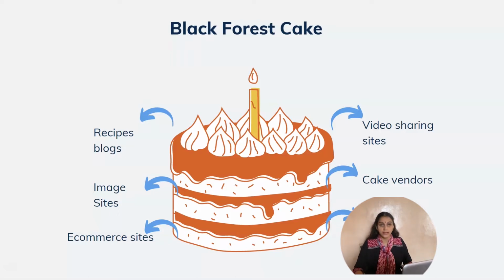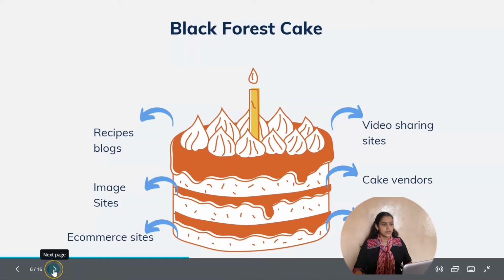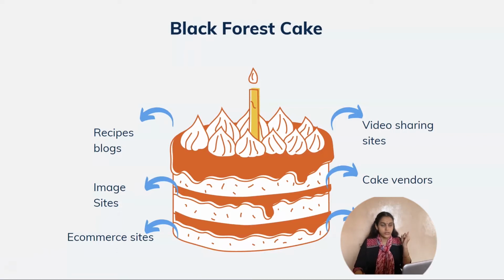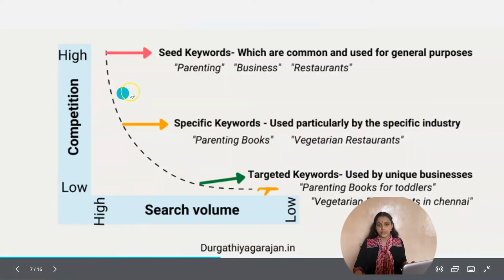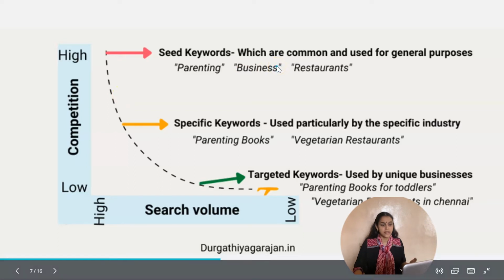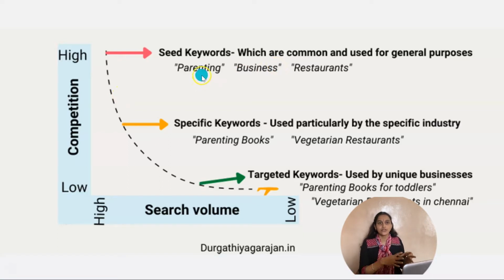The Black Forest cake here, what I did is, this is common, that is, this is general for recipe blogs, image sites, e-commerce sites, video sites and cake design sites. I can use this keyword for so many purposes, right? I didn't mention one single specific purpose, but this is for a general purpose.